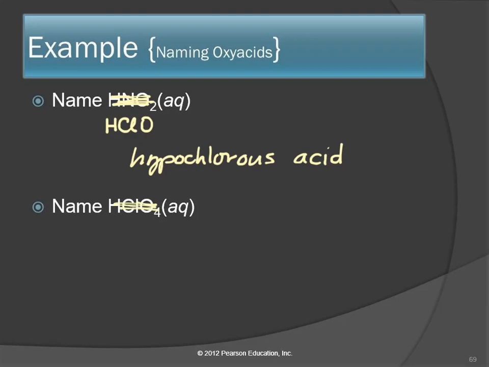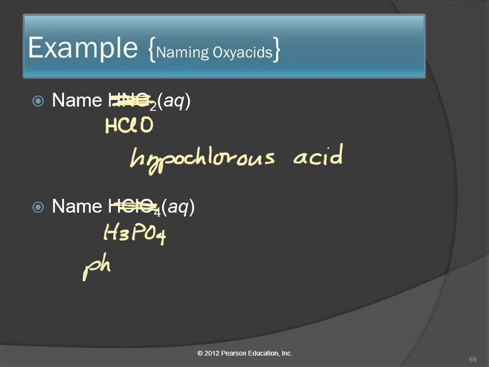Let's do a different one here too. How about H3PO4? What's the name of that? And you can maximize your guessing. That's got phosphorus in it. So it's probably going to be phosphate or phosphite or something like that, right? It's phosphate.